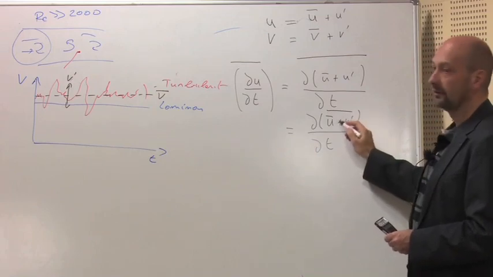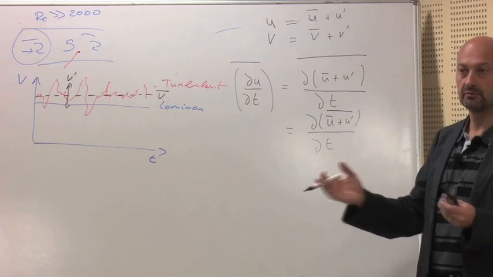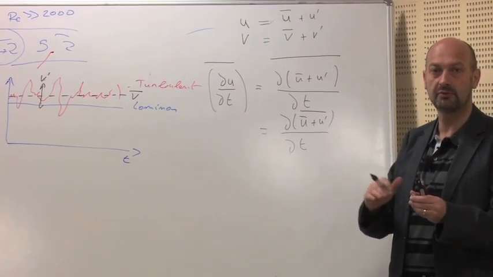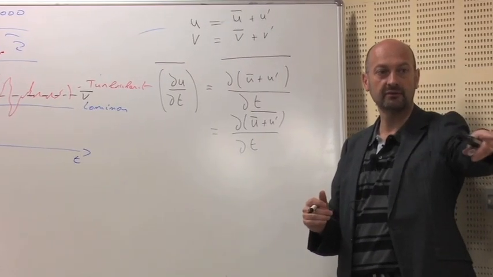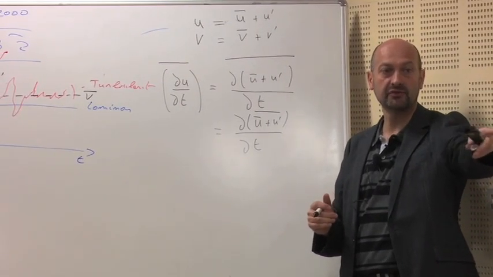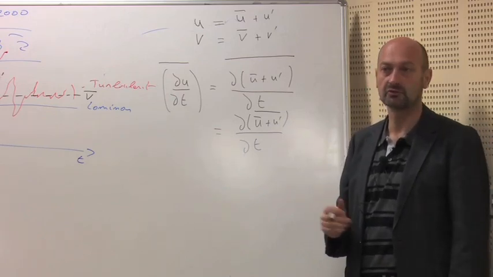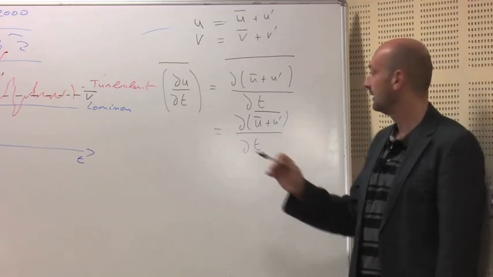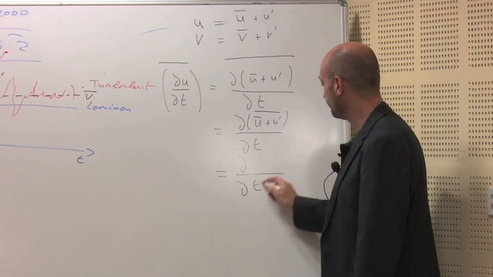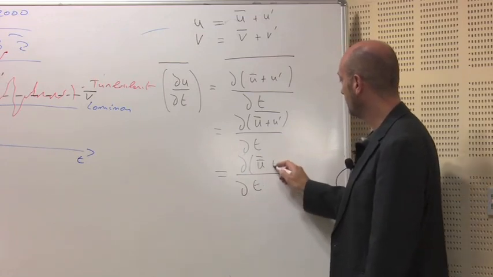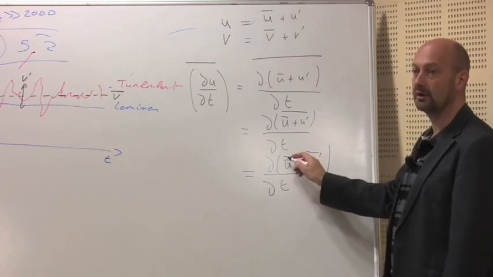The average of the sum is the sum of the two averages. If I have two students, you have 10, you have 20. The average of 10 and 20 is 15. So this is the average of 10 plus the average of 20. So when you have a summation, you can split the average. So it will be d/dt of u bar plus u prime bar, and by definition u bar is the mean.